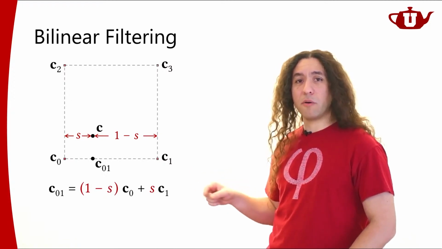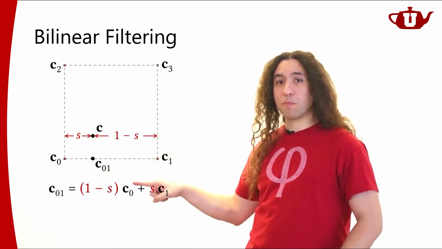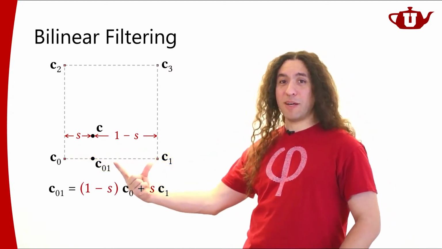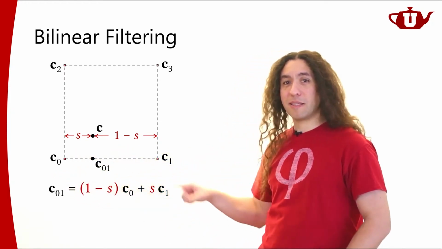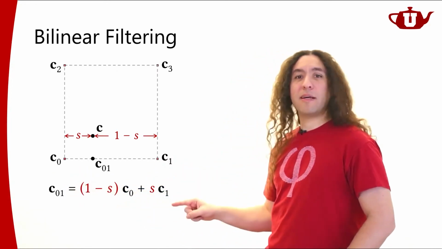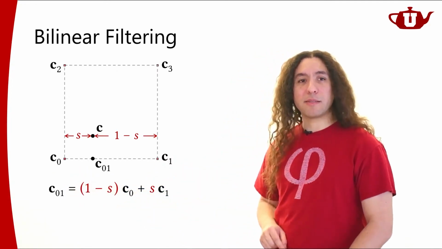C0 is multiplied by 1 minus S, and C1 is multiplied by S.